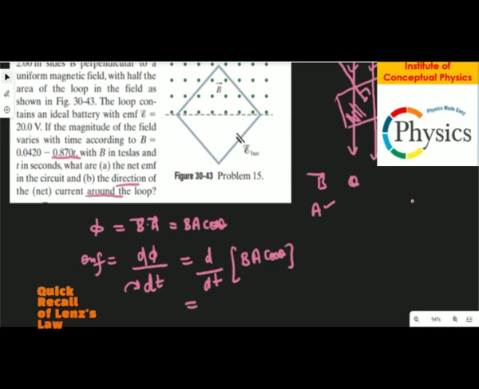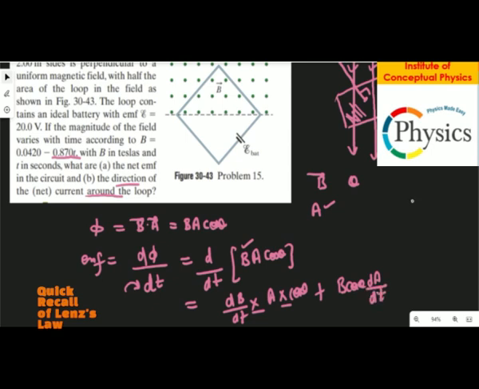Now, depending on what changes, you can break this down into three parts. If B is changing, you write this as dB by dt multiplied by A multiplied by cos theta. This is normal multiplication. If area is changing, then you write this as B cos theta dA by dt.